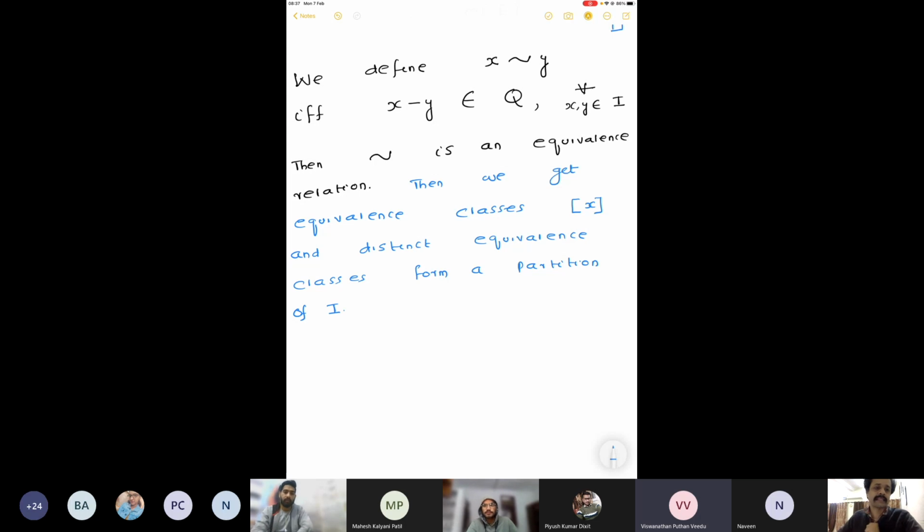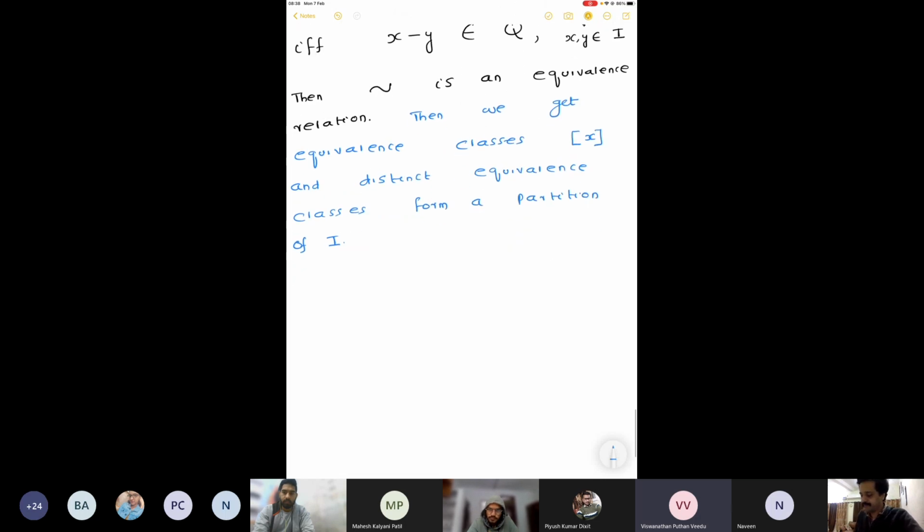It should remind you of the axiom of choice. Now I can form a new set by selecting exactly one element from each of these distinct equivalence classes. And that I am going to call P.